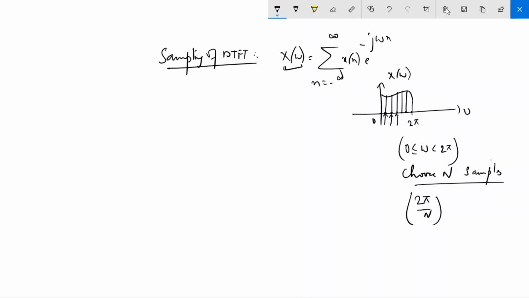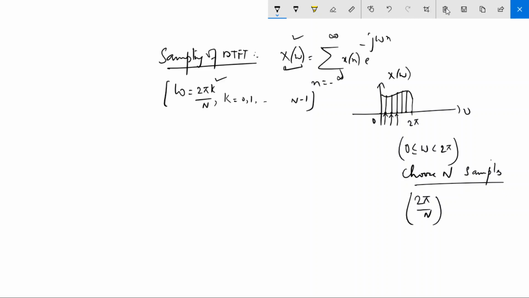So this omega in the DTFT, which is a continuous function, will simply be replaced with 2 pi k by N, where k is 0, 1, up to N minus 1. So you are choosing N samples. In case k equals 0, you are getting the first sample at 0 frequency.